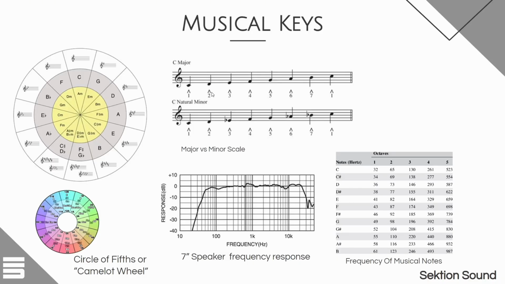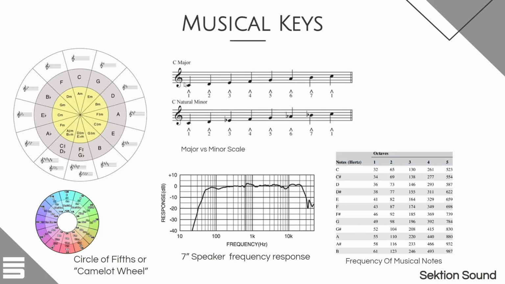And so we can see here that we've got the C major scale and the C minor scale, and some of the notes are the same, but 3 of them are flattened for the minor, and that's what gives major a happy feeling and minor a sad feeling: the 3rd, 6th, and 7th notes are flattened. So when you see musical key, it refers to which 7 notes out of the possible 12 we are going to use in this song.